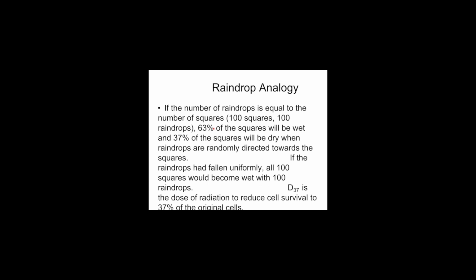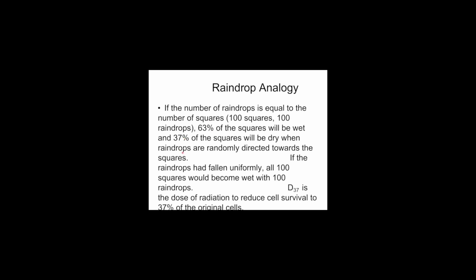So the old raindrop analogy is this. If you had 100 squares and 100 raindrops, if all the raindrops fall uniformly, you get 100 squares wet. But if the number of raindrops equals the number of squares, and it occurs randomly, 63% of the squares will be wet and 37% of the squares will be dry.